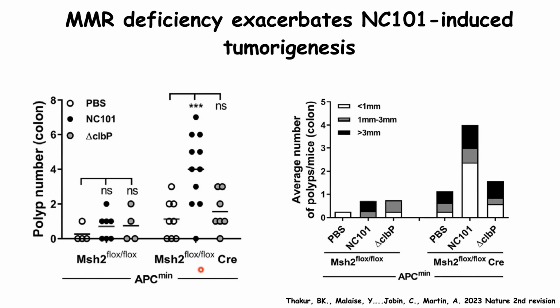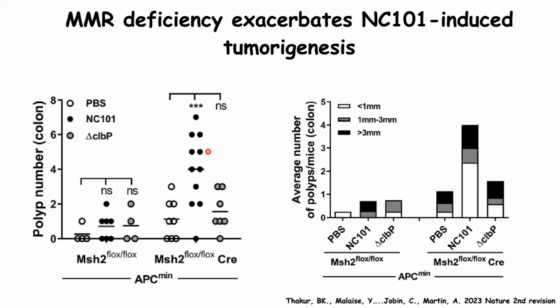To address that, we used the Apc min mouse that I described before, but crossed it with a mismatch repair deficiency gene, MSH2. The flox means it's tissue specific. If you cross it with a Cre recombinase that is expressed in epithelial cells, then you delete that gene only in intestinal epithelial cells.